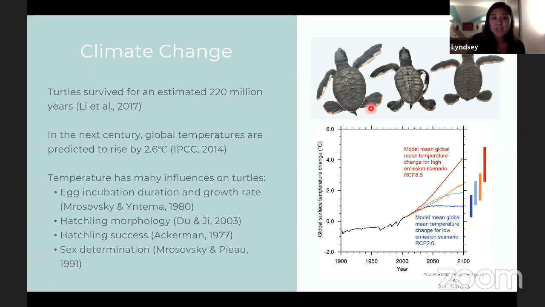So as you can see in these pictures over here, these hatchlings have abnormal scute mutations, and this can definitely affect their fitness and how fast they're able to run and swim. In addition, the temperature will affect the success of the hatchling, so how many survive overall during the nest incubation. And lastly, the temperature actually affects the sex of the hatchling, which I'll talk about now.